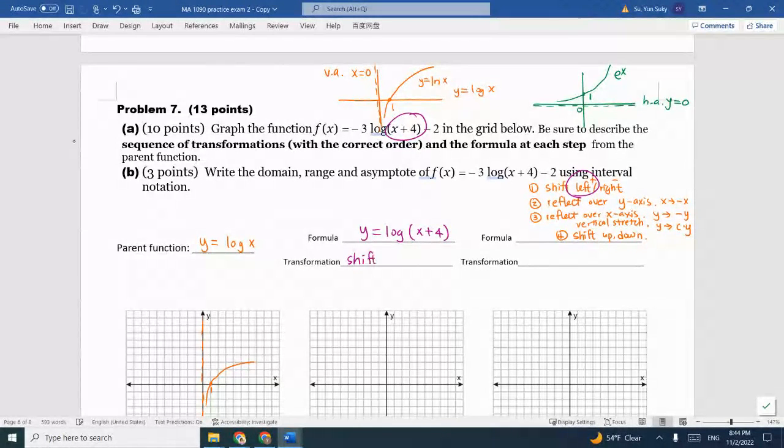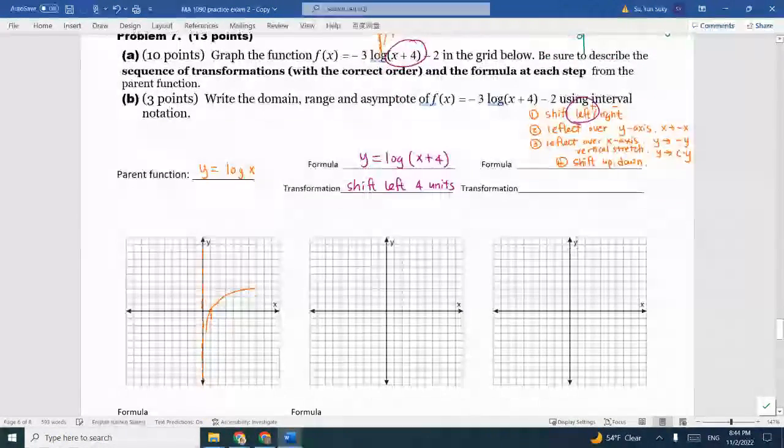So we shift left 4 units. Now look at the graph. Look at our key point: 1, 2, 3, 4. So this is -3. Okay, so -3, 0.